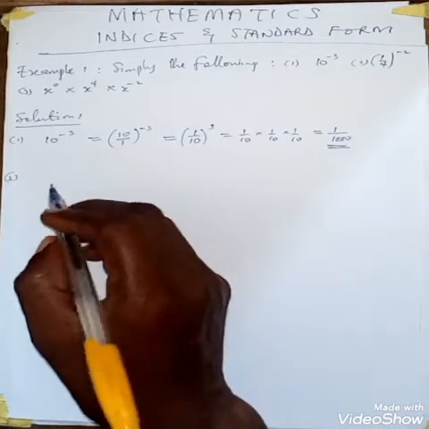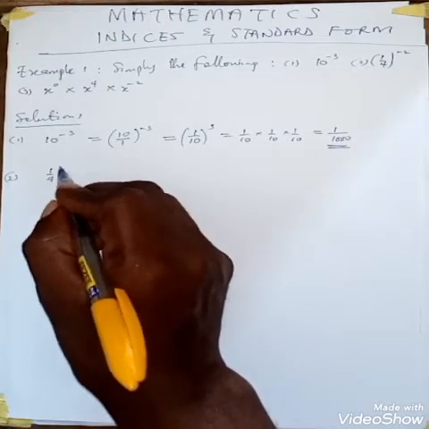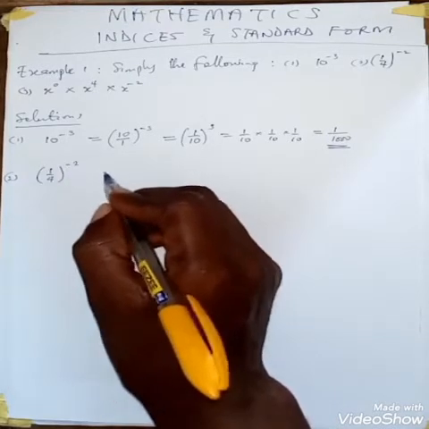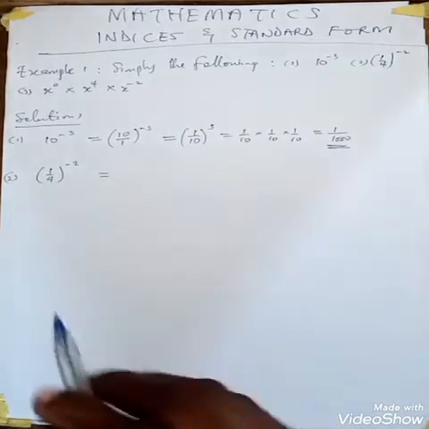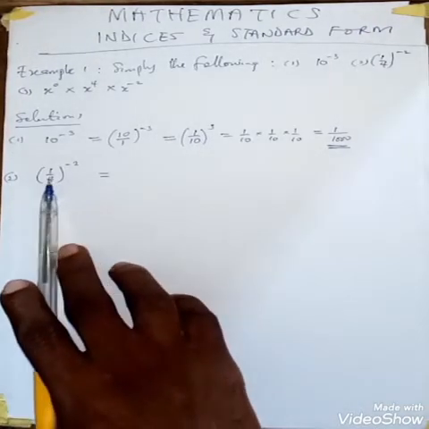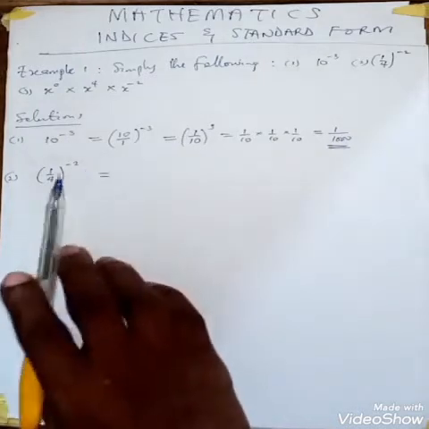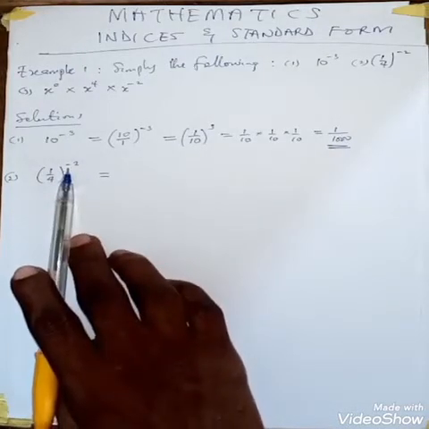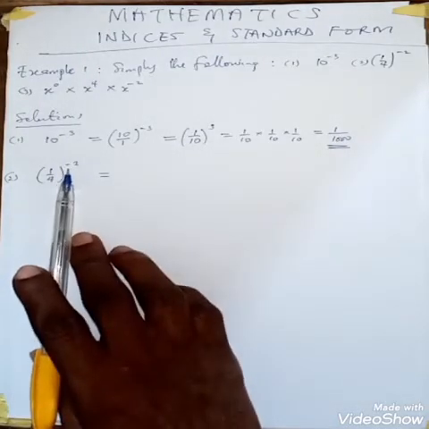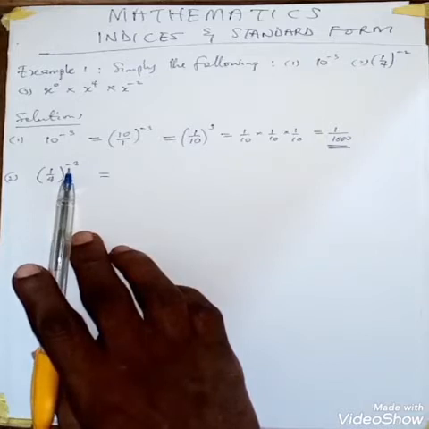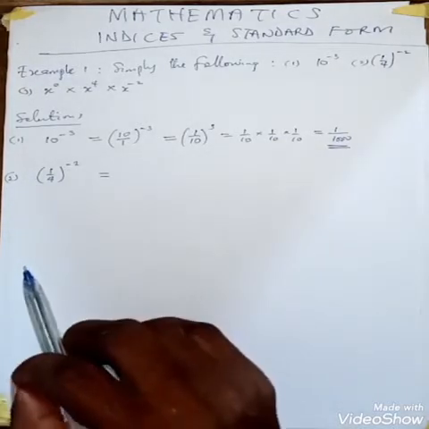In number 2, what I have there is 1 over 4 raised to the power minus 2. Remember I said that it's not normal for our base to have a negative power. But since it has a negative power now, what must happen is that the base must be a fractional number. Let's go back and check the base which we have.